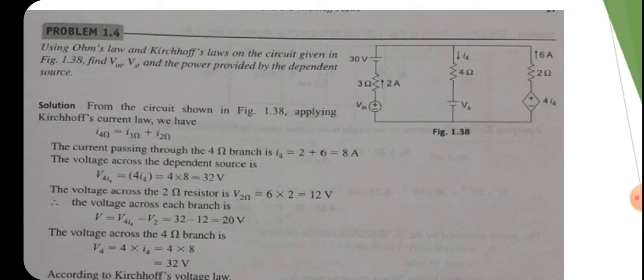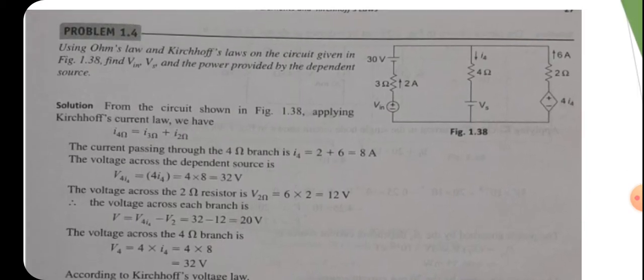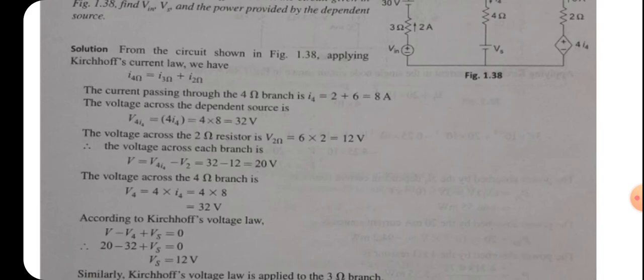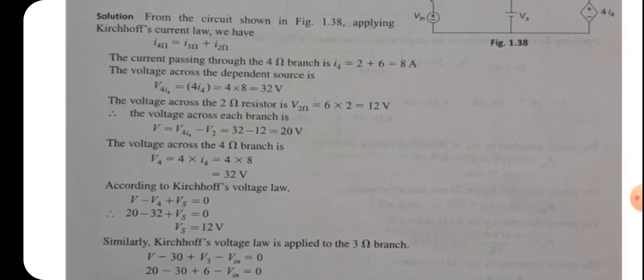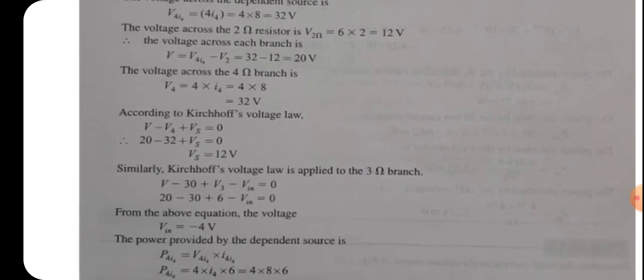And for finding out Vin, we are considering the outermost loop containing the 3 ohm resistor and the 2 ohm resistor. And we are giving correct direction signs for every value of voltage, so that we will get Vin and Vs.